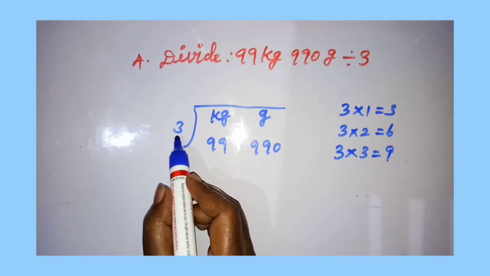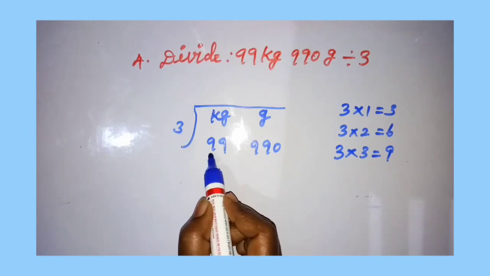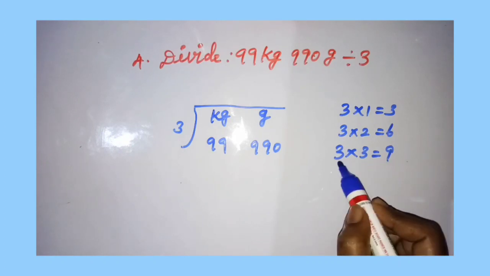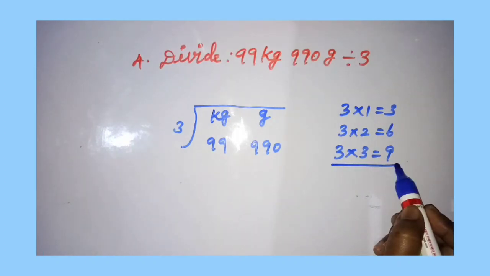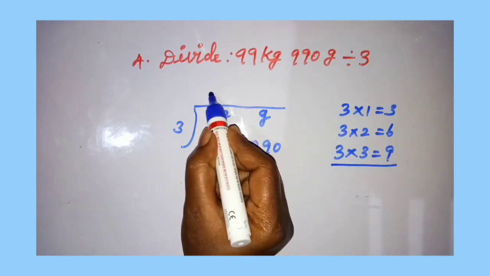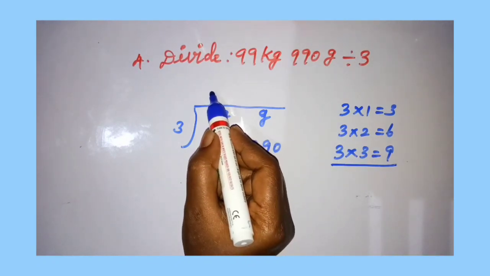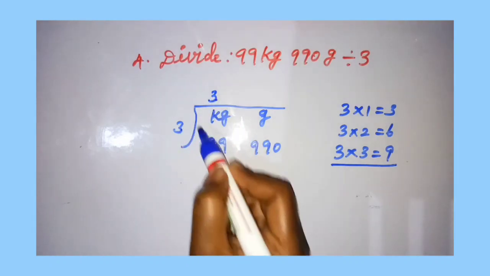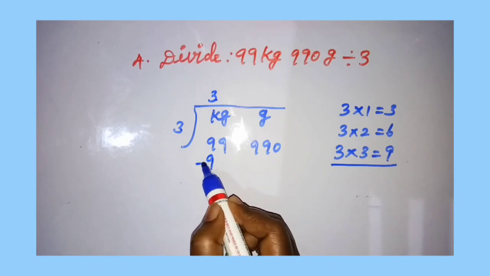Compare the first value with the 3 table; the first value is 9. It comes in the 3 table: 3 threes are 9. So how many times? 3 times. The number of times you write in the quotient. So 3 threes are 9. We write the answer down.